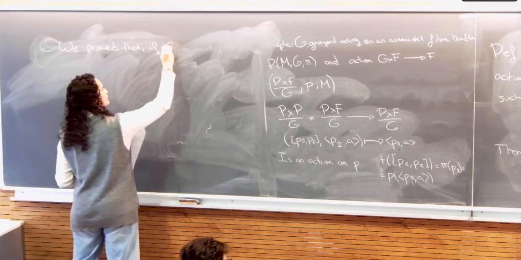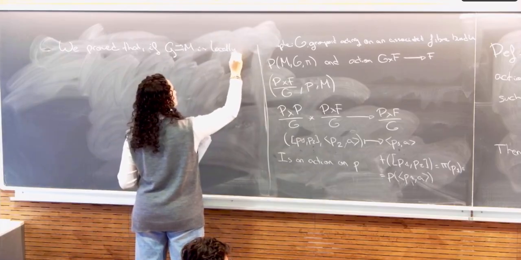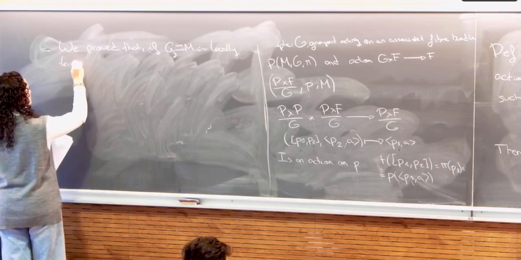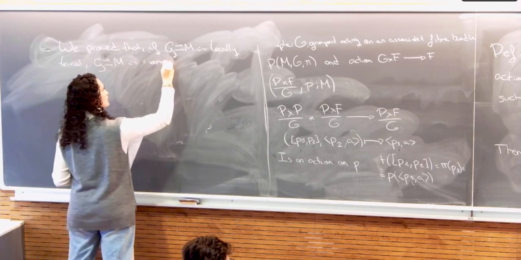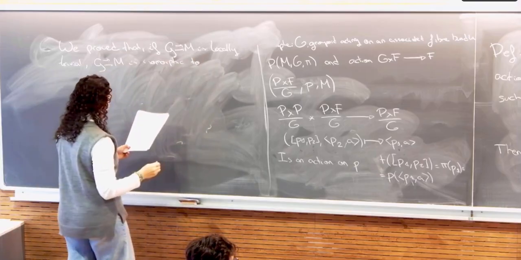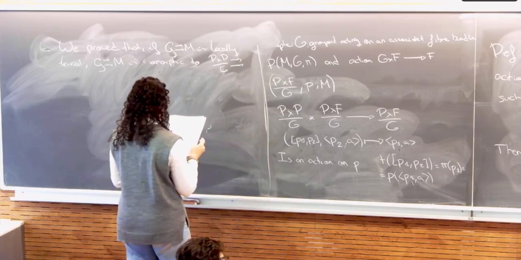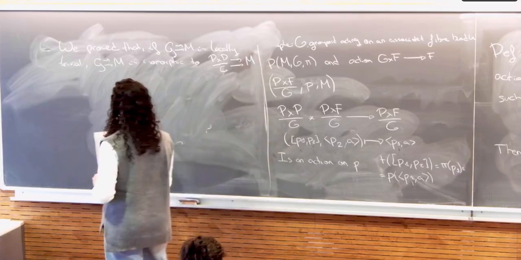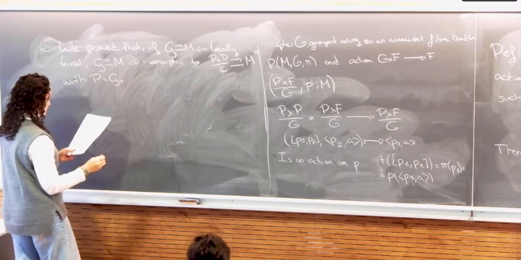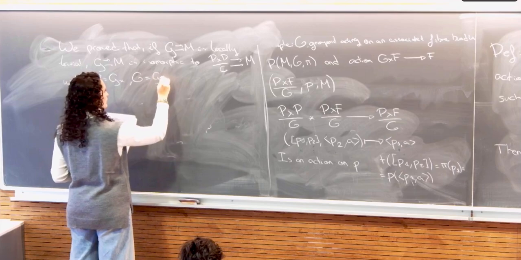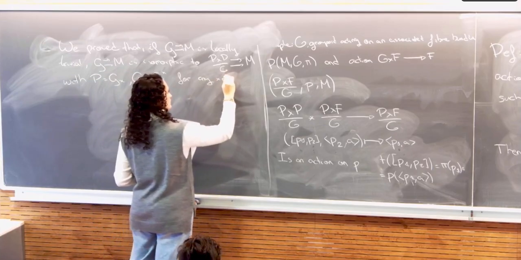We proved that if G is locally trivial, it is isomorphic to the gauge groupoid with base B, N and source fiber G, the isotropy group for any X on the base manifold.